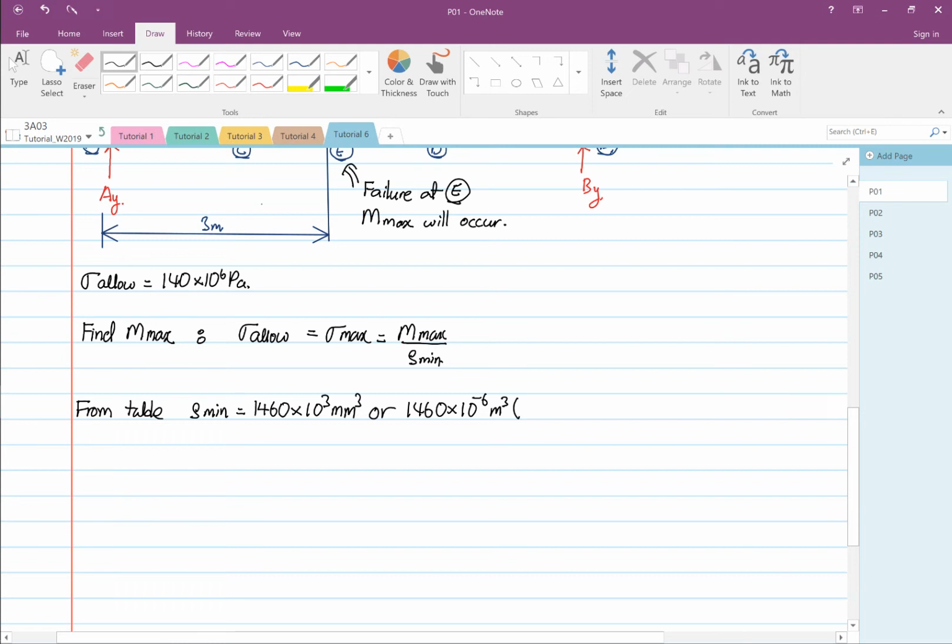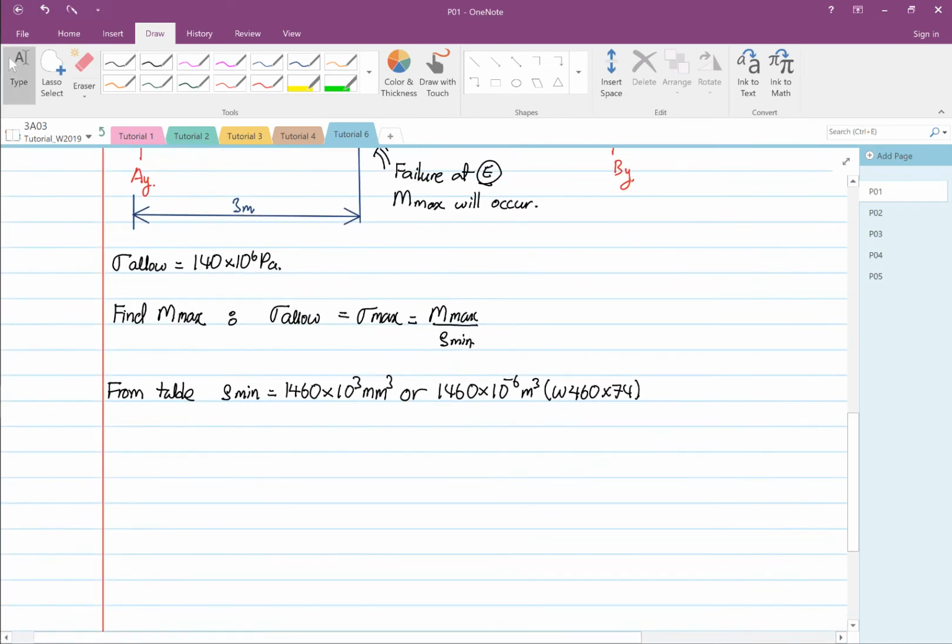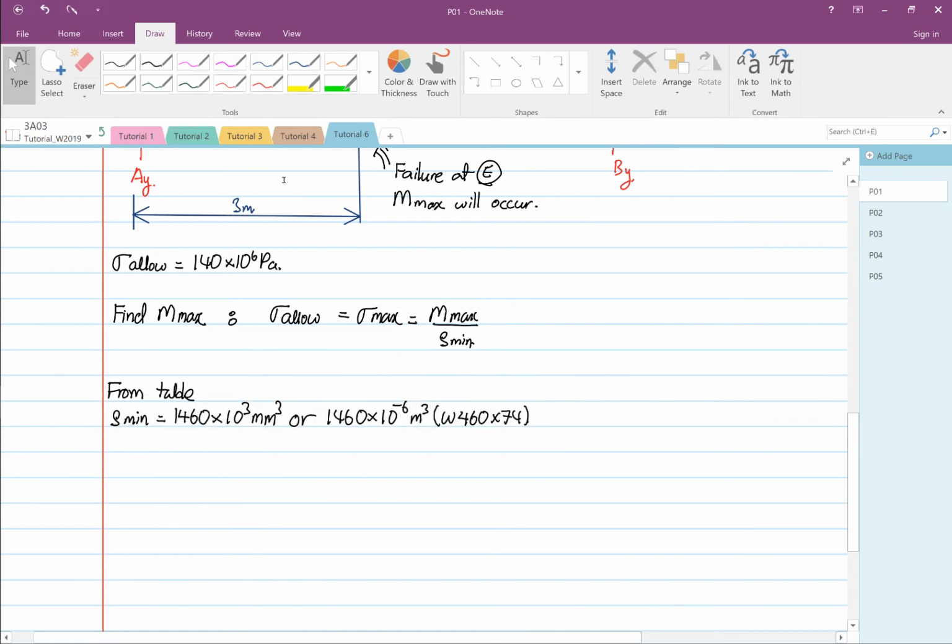And this is because of our W460×74. So from here we can find our maximum moment at point E. This will be equal to 140 times 10 to the power 6 multiplied by 1460 times 10 to the power minus 6.